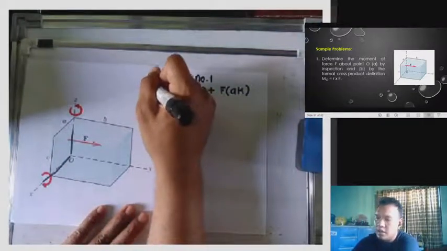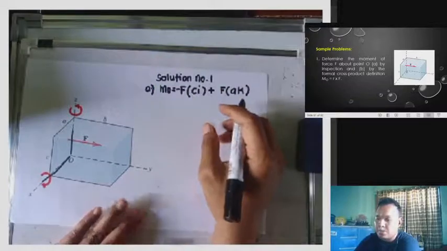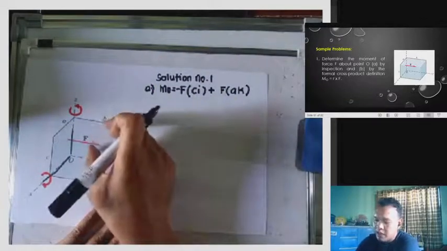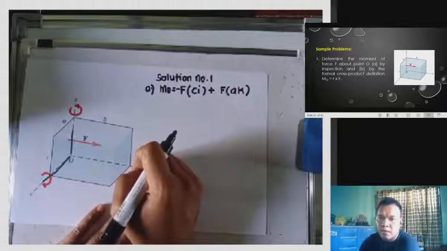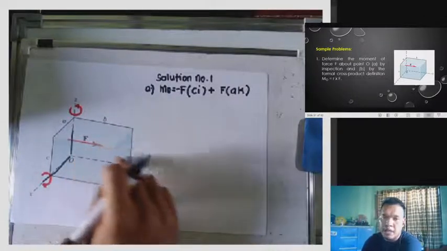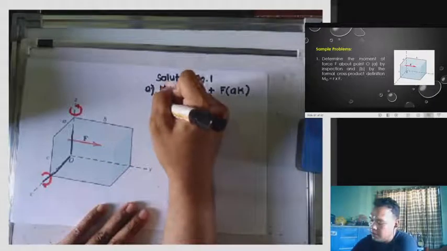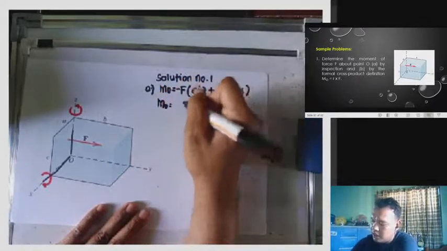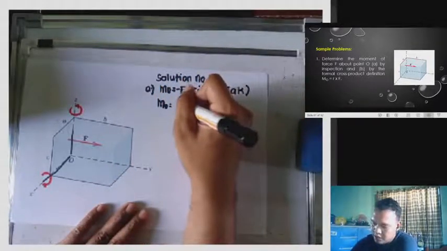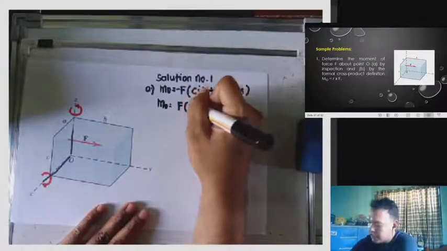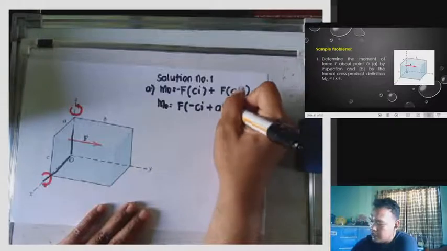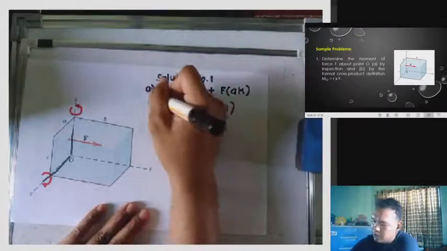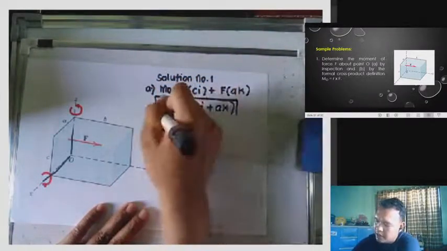Ito yung by inspection, no? Sabi ko kanina, hindi na siya mag-moment kay y-axis kasi parallel siya, no? So, lalabas we have here MO is equivalent kay force times negative CI plus AK. Therefore, ito po yung sagot natin by inspection.